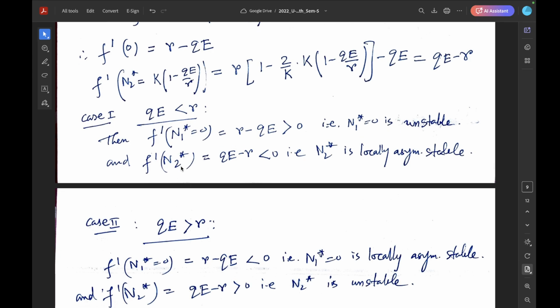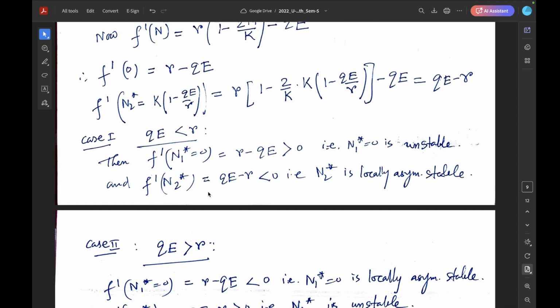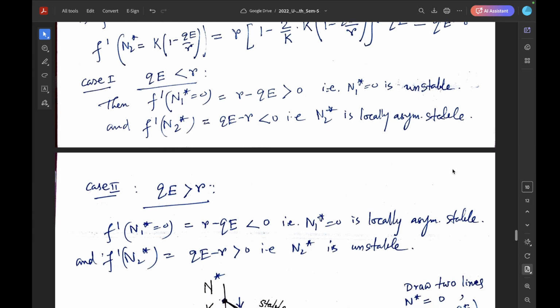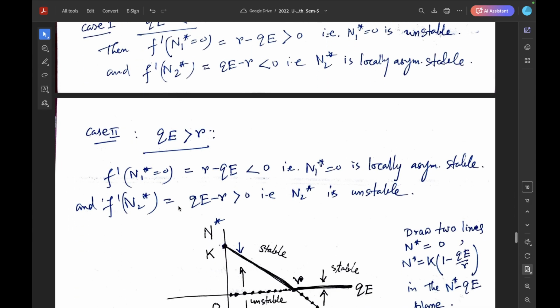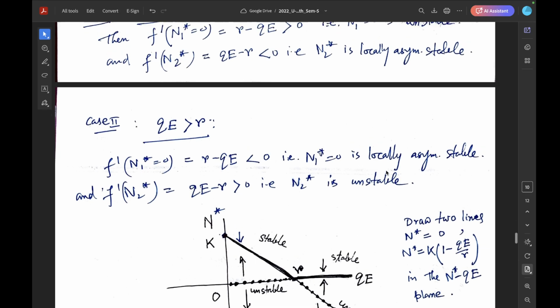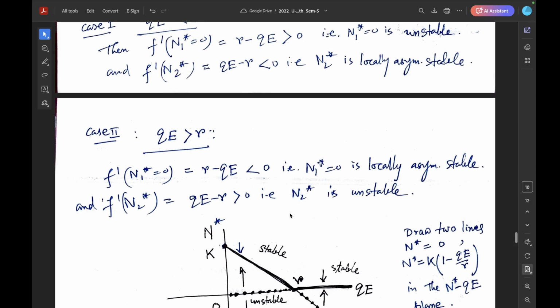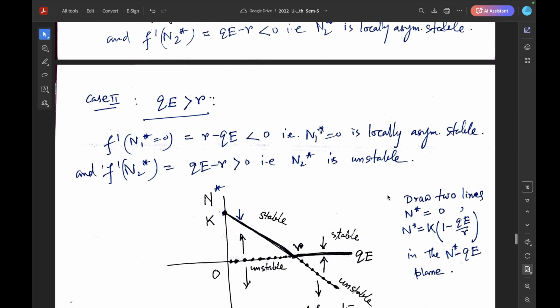And f'(N2*) = qE - r is less than 0, and hence N2* is locally asymptotically stable. Case 2: qE greater than r, then f'(0) = r - qE is less than 0, that is N1* is locally asymptotically stable, and f'(N2*) = qE - r is greater than 0, that is N2* is unstable.